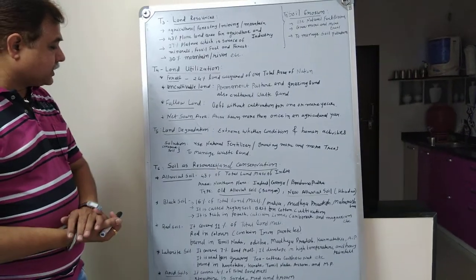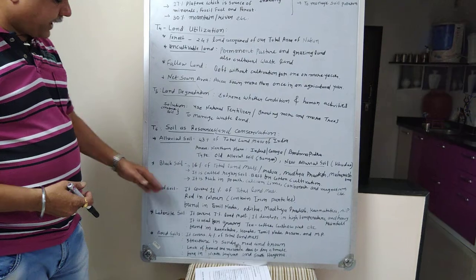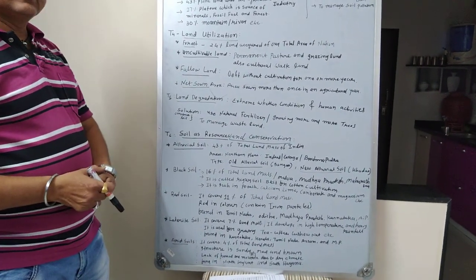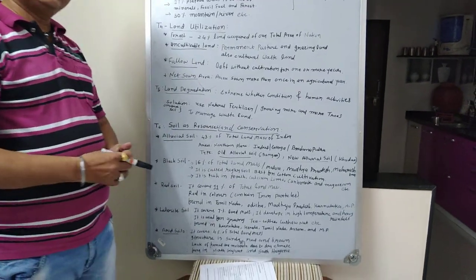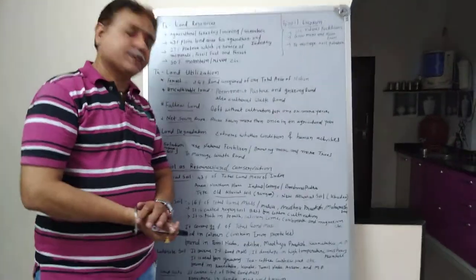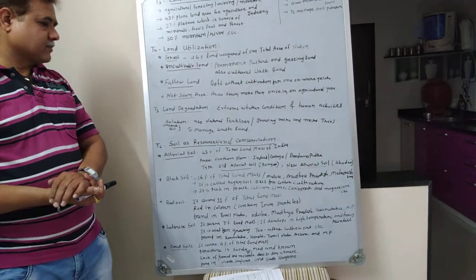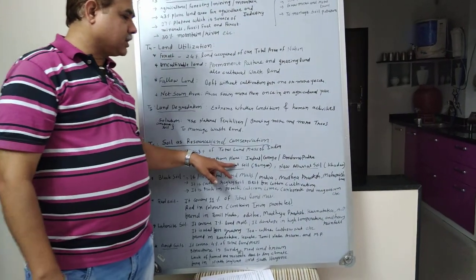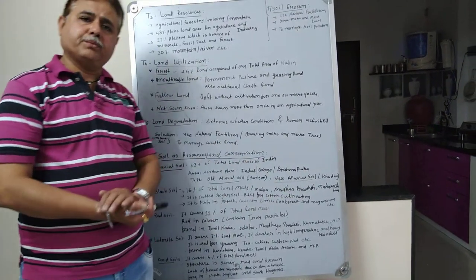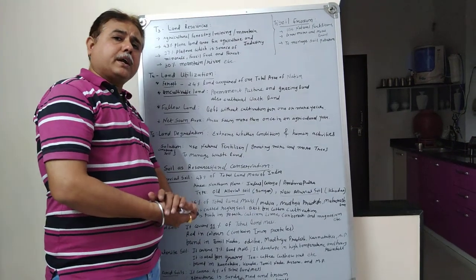Now the types of soil: alluvial soil, black soil, red soil, laterite soil and arid soil. Let's see first alluvial soil. Friends, 43% of the total landmass area is alluvial soil. It is found in the northern plain, the Indus, Ganga and Brahmaputra rivers. Ganga and Brahmaputra form a delta.